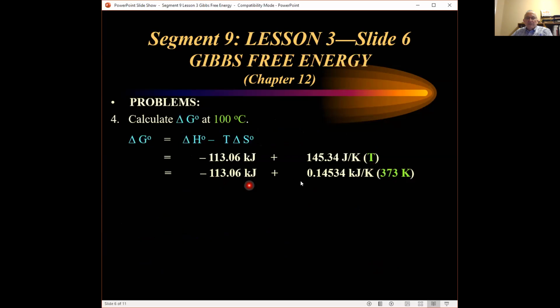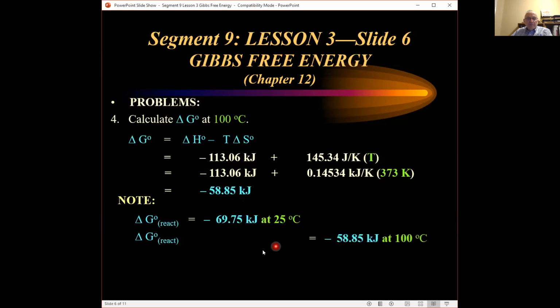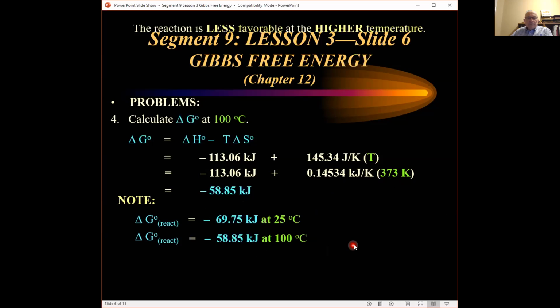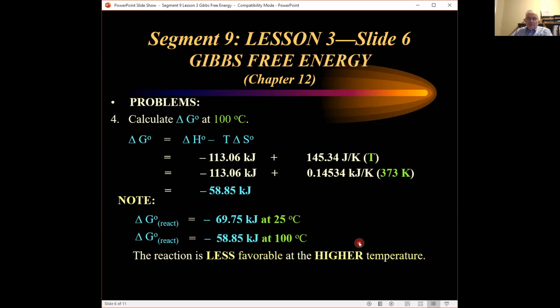Namely, I plug in these numbers and the new temperature, 373, and we come up with minus 58.85 kilojoules. Notice it is less negative than it was at the 25 degree value. So it did become less negative as we raise the temperature.